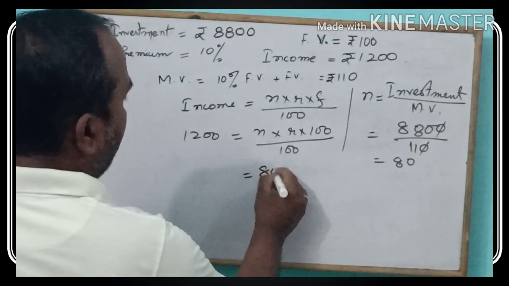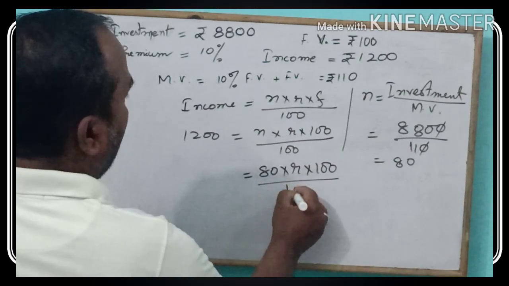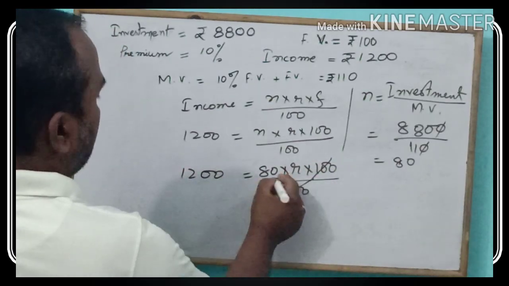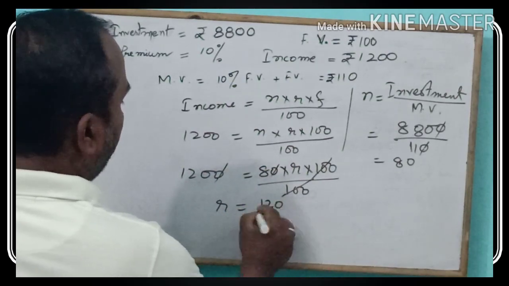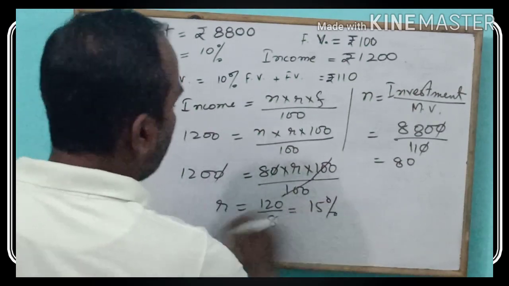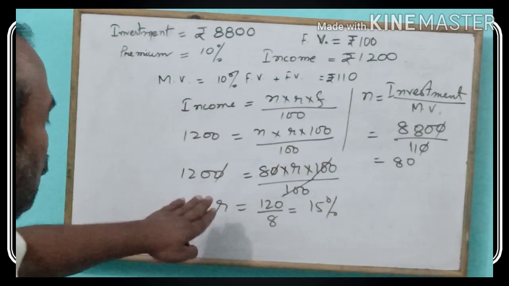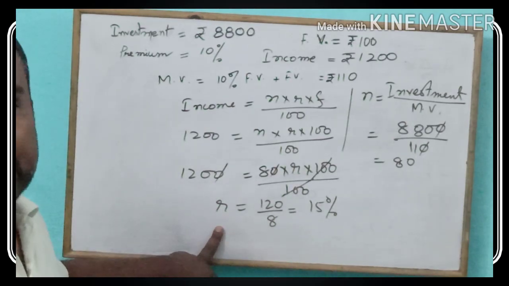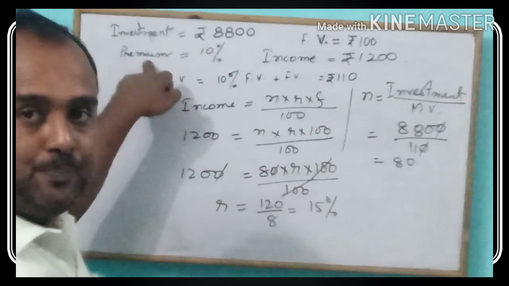So 80 into R into 100 by 100 equals 1200. So R is 120 by 8, that is 15%. So the rate of dividend per share is 15%. I think you have understood the new term premium.